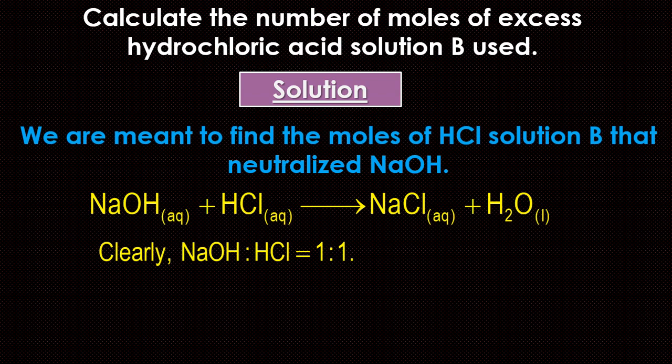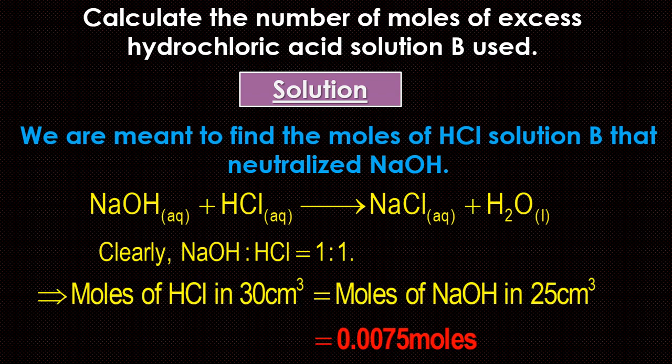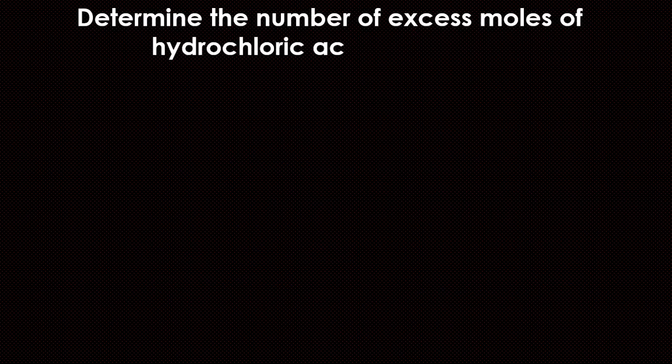This means the moles in 25 cubic centimeters of sodium hydroxide equal the moles of hydrochloric acid in the 30 cubic centimeters. Therefore, the number of moles are the same, 0.0075 moles.